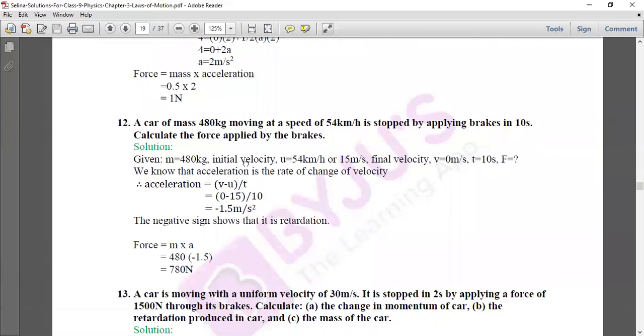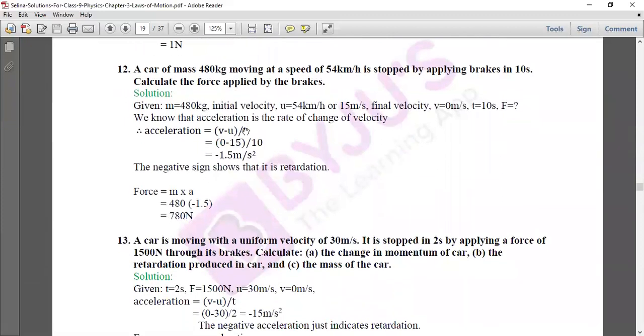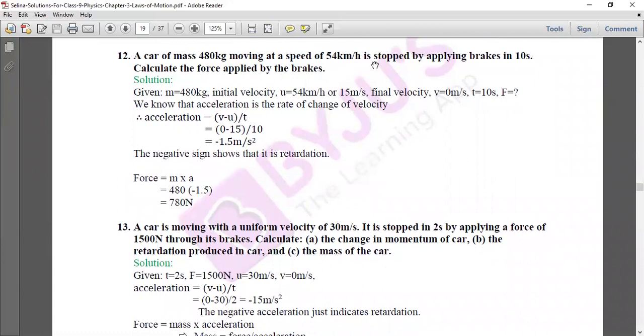Next, a car of mass 480 kg moving at a speed of 54 km per hour is stopped by applying brakes. So the car has mass m is equal to 480 kg. Initial velocity u is 54 km per hour, or if we convert it into meter per second, it will be 15 meter per second.